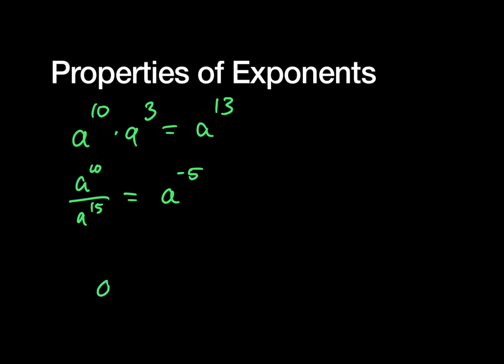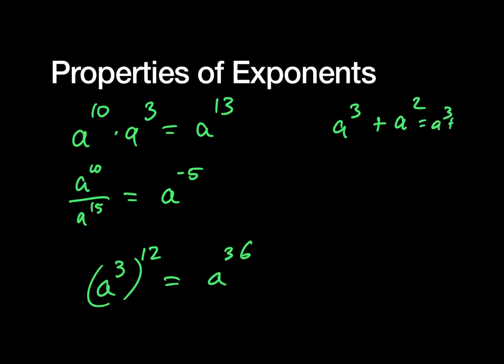When I have a to the 3rd to the 12th power, I would have a to the 36th power. Powers raised to powers multiply. And then if I had a to the 3rd plus a squared, that will simplify to a to the 3rd plus a squared. There's nothing you can do. Only when we multiply and divide can we do anything with my exponents.